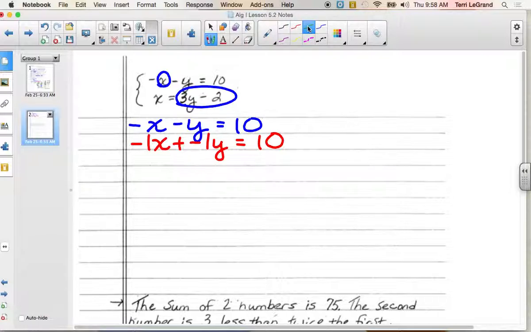Now remember, we're substituting in for the x. We're substituting in for the x, so -1, 3y, let's change that also to add the opposite, 3y plus a -2. Trust me, this is a really good time to start changing things to add the opposite, if you haven't been, especially if you haven't been really successful.